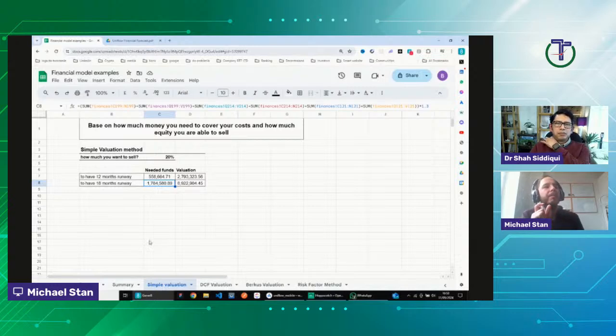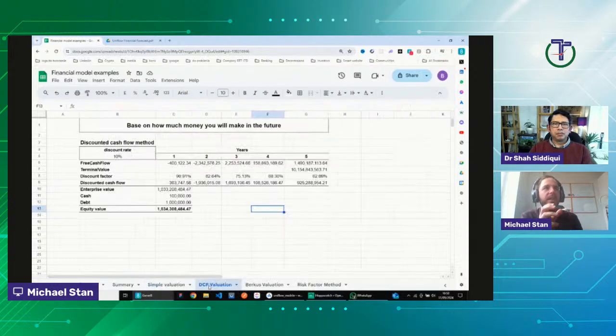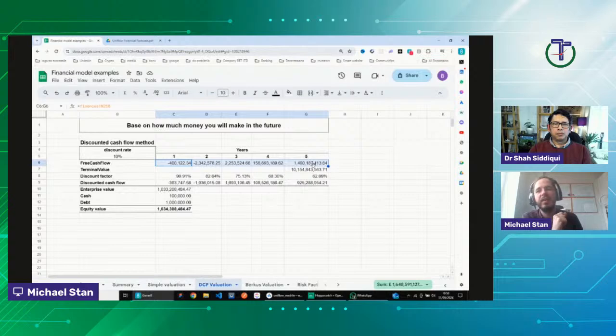The next point is DCF, which is discounted cash flow valuation, and this is much better. I just wanted to show it because on pre-revenue startups it's not really working, because you can have very big numbers at the end of 5 years, and those numbers later on are discounted.